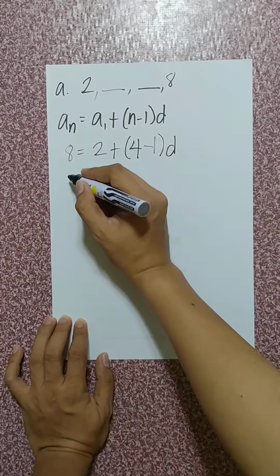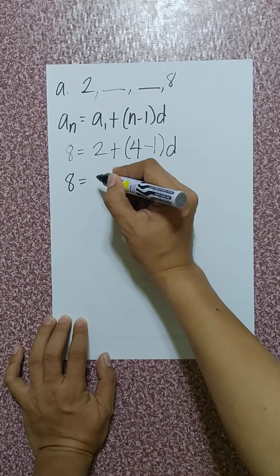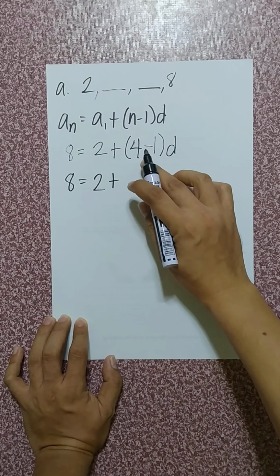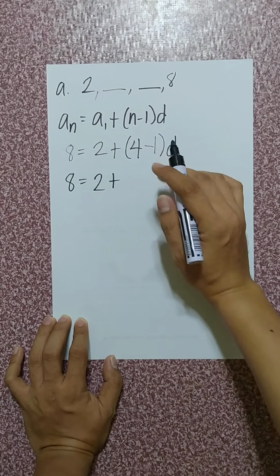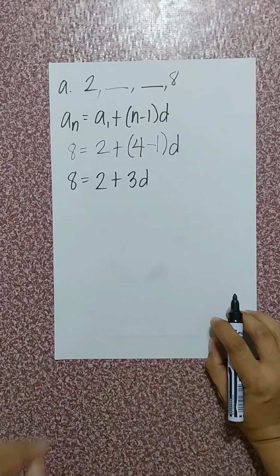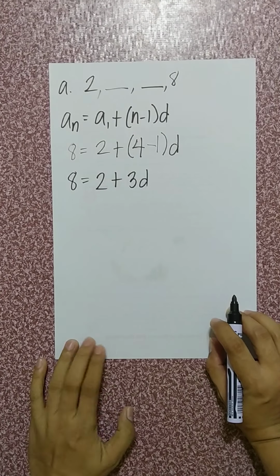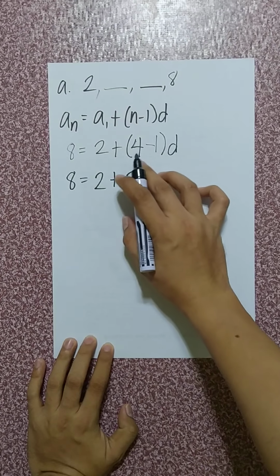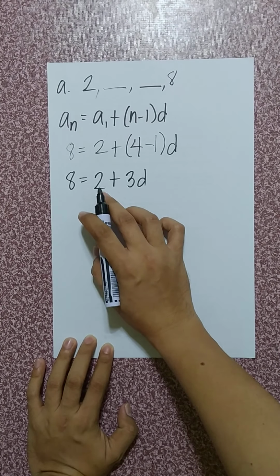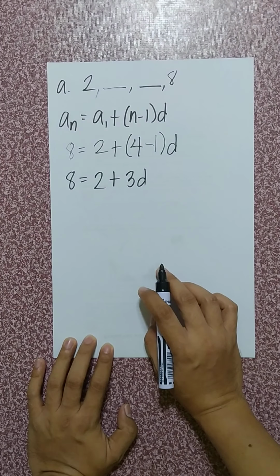Now let's simplify. So copy 8 equals copy 2 plus, ito yung una nating isi-simplify, yung 4 minus 1, so magiging 3, and we have d. So by finding d, we should isolate this constant, kaya yung constant na to, kailangan natin ilipat sa kabilang side ng equation.